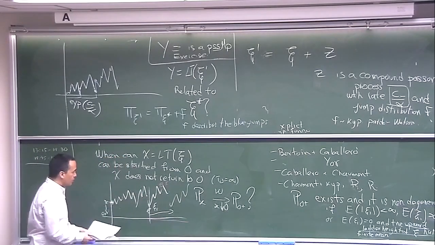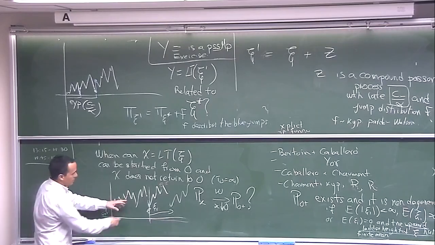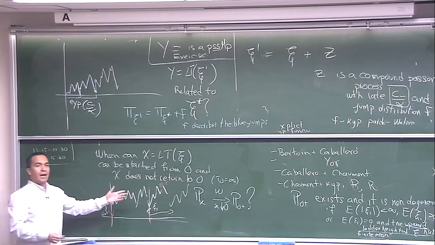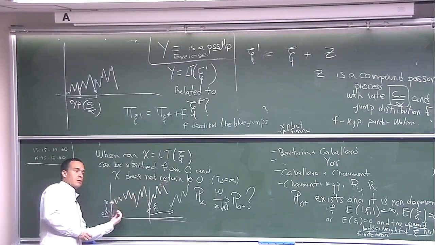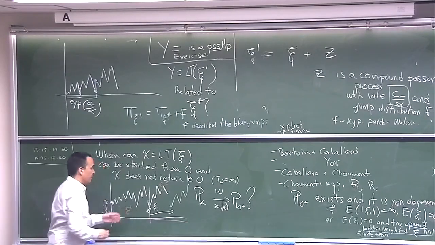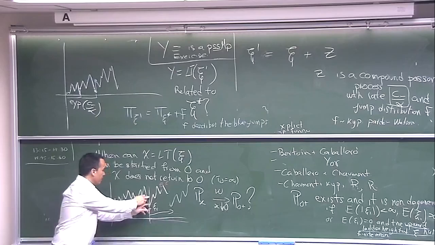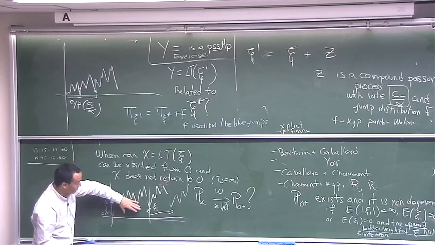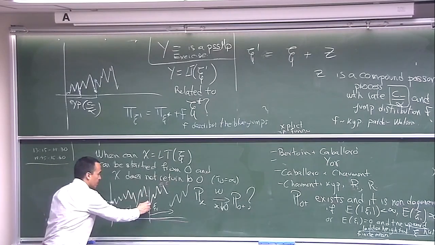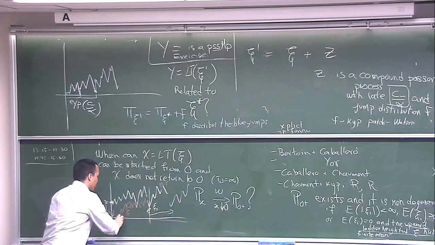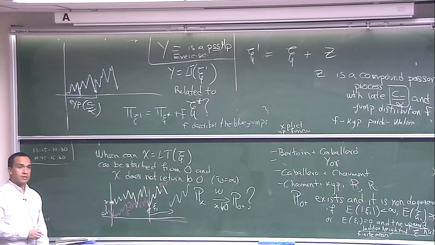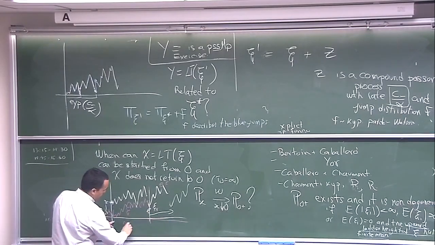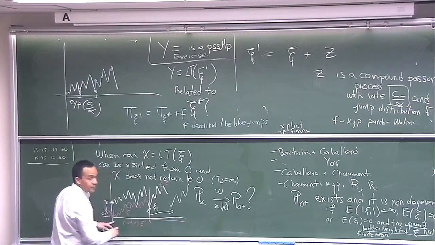So to make this part of the path move to 0, I need another process, psi prime, which should also be of infinite length. Why? Because I need this path to accumulate at 0. So this will become the lifetime of the process psi prime.